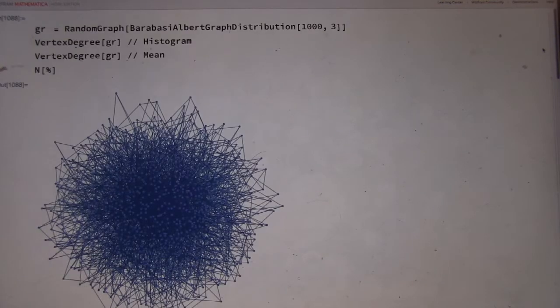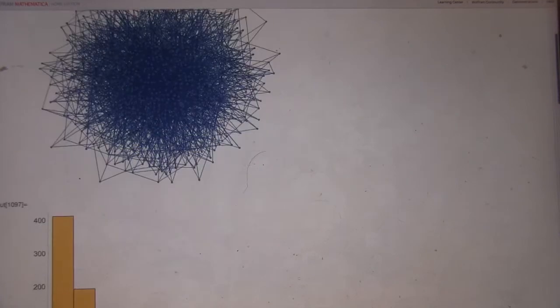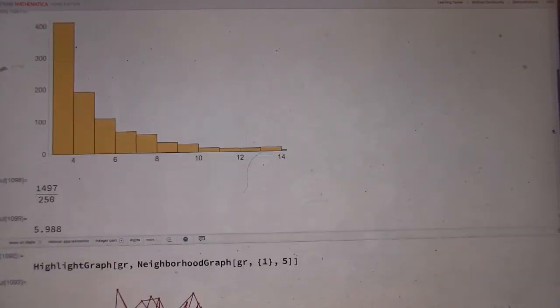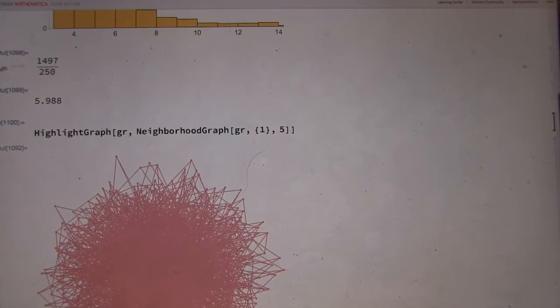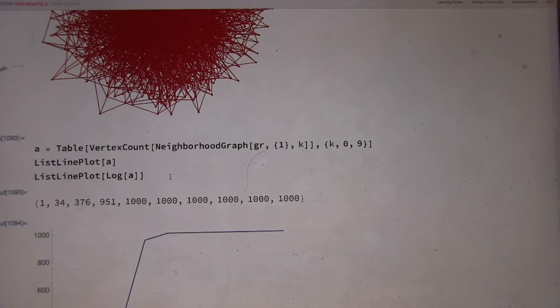Wow. I wonder if we could look at the maximum of the histogram, because it does look like it keeps going. Yeah, that's a good point. It seems like it is consistently infected by 5.